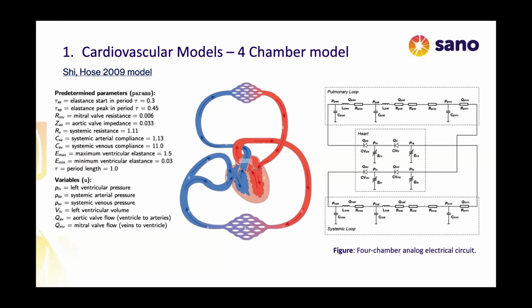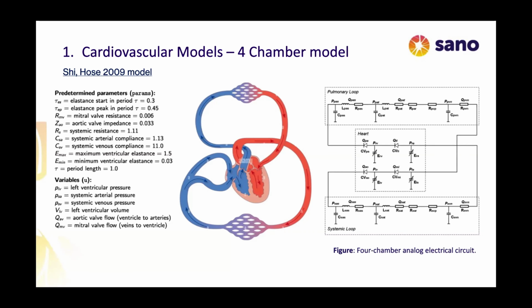So, for example, pressure translates to voltage in electrical systems, valves translate to diodes, and capacitors translate to heart chambers. Heart chambers can be either atrium and ventricles, both right and left. And as you can see on the right, we see the electrical circuit analog to a four-chamber cardiovascular system, which consists of two atriums and two ventricles, left and right.